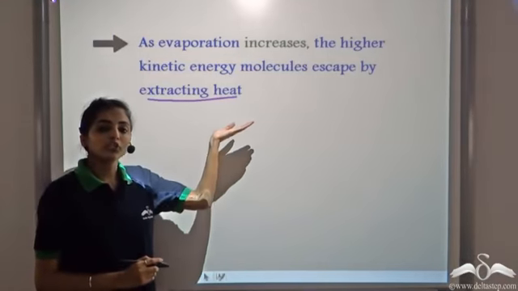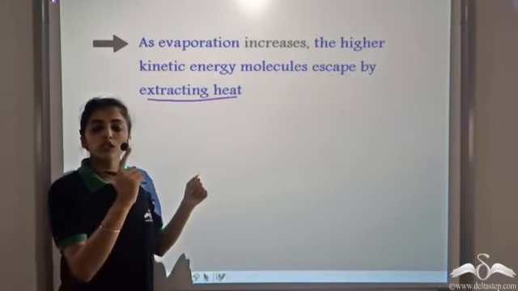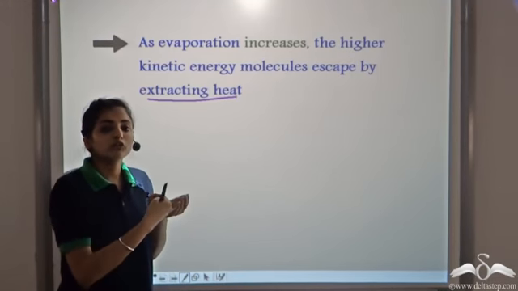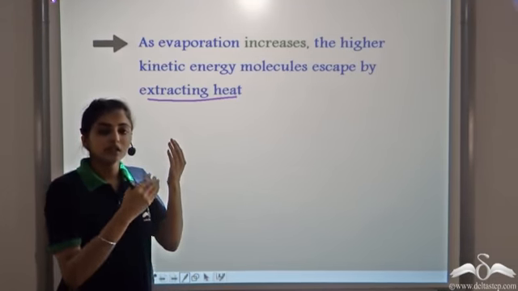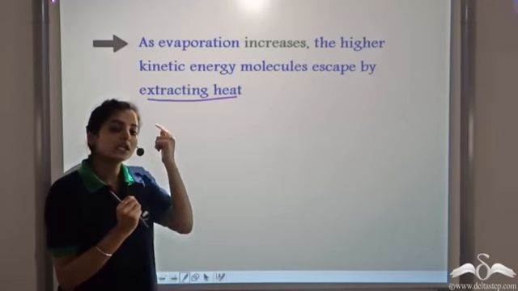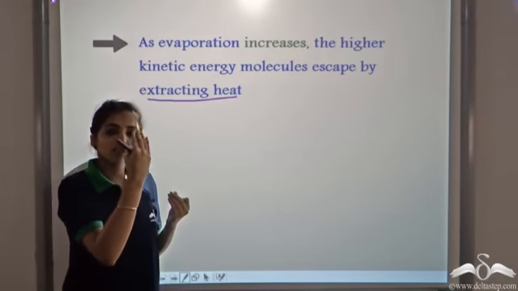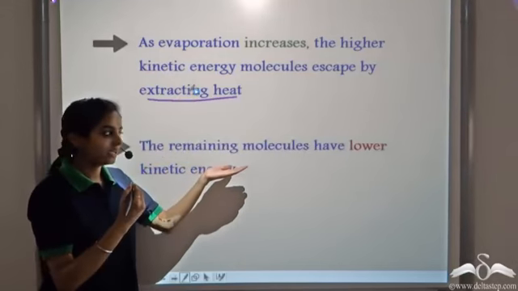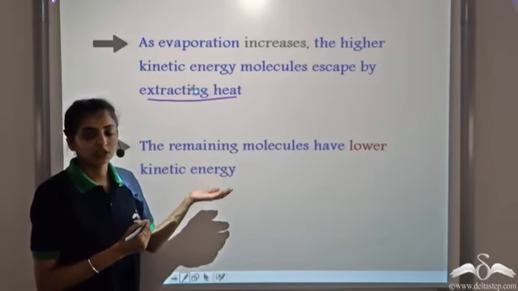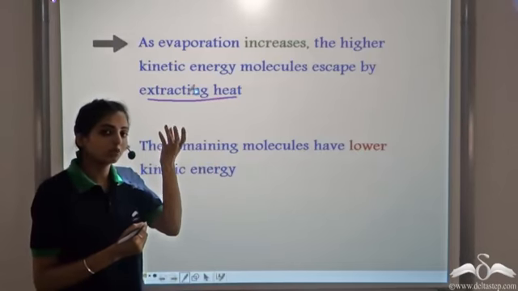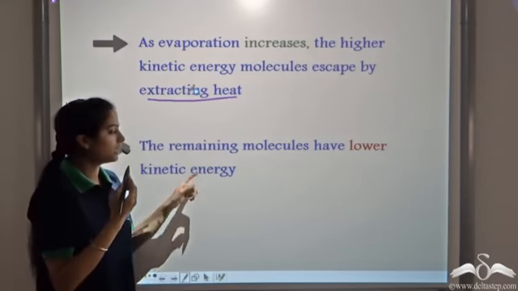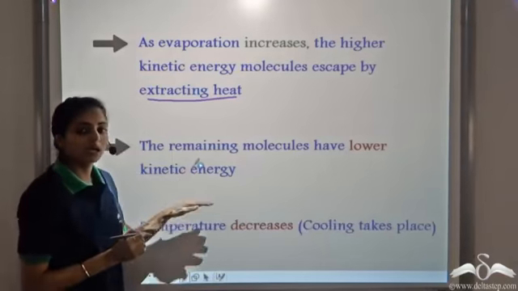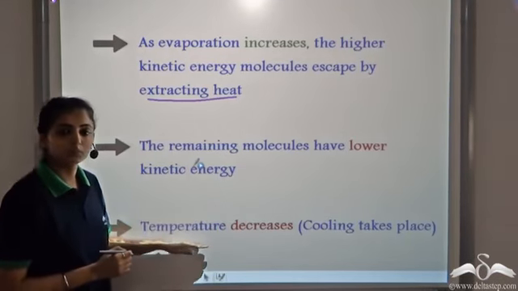We know evaporation is a surface phenomenon. The molecules on the surface have greater kinetic energy, so they extract heat from the surroundings. This sweat extracts heat from the surroundings as well as from your body. When it extracts heat from the body, the remaining molecules that are left have lower kinetic energy, and since they have lower kinetic energy, that means they have lower temperature.